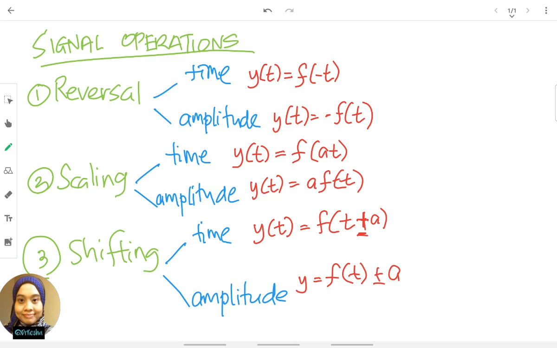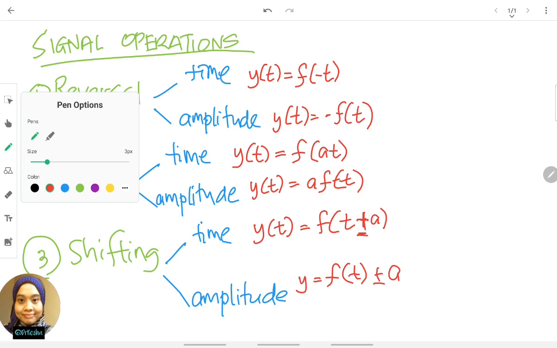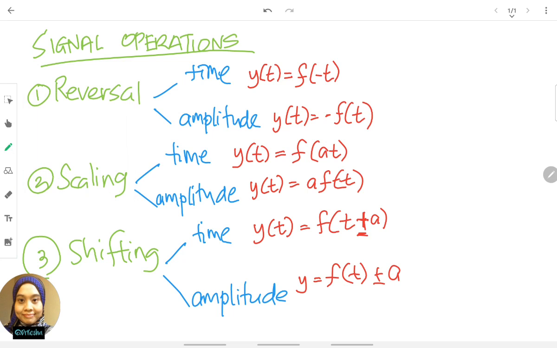What is the name that we give to these types of operations? For reversal, we don't put any specific term. But for the time scaling, if a is more than 1, this is what we call compression, and if a is less than 1, this is what we call dilation.